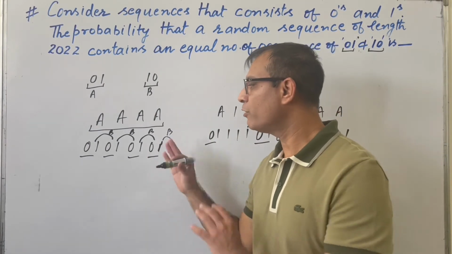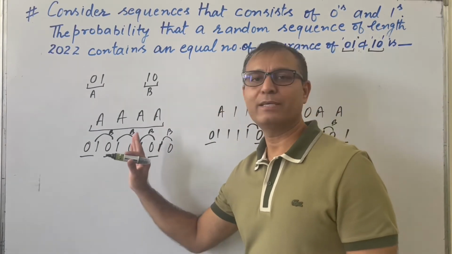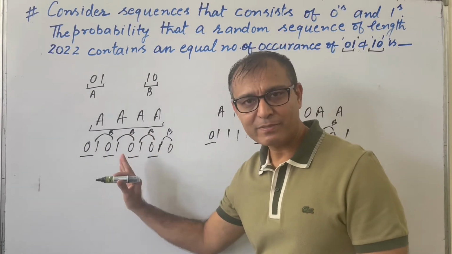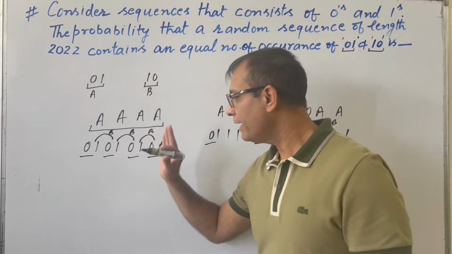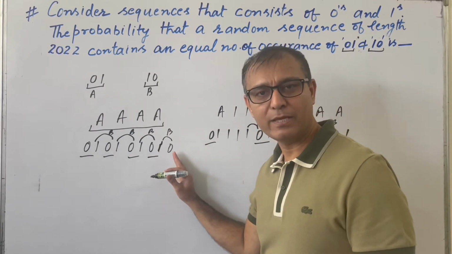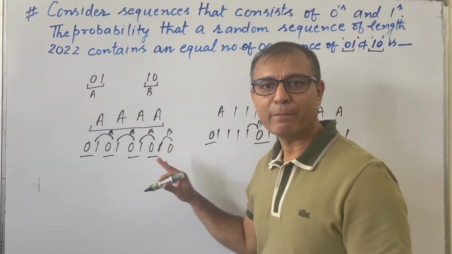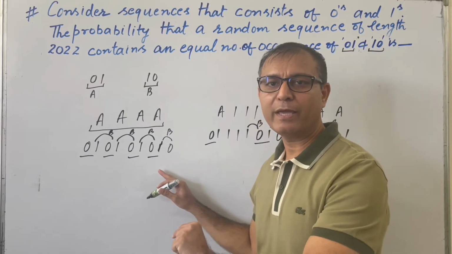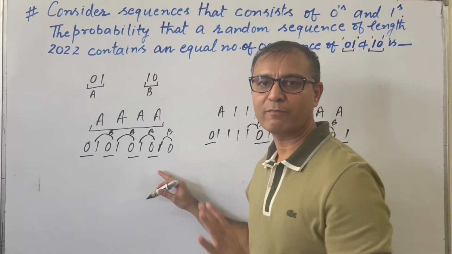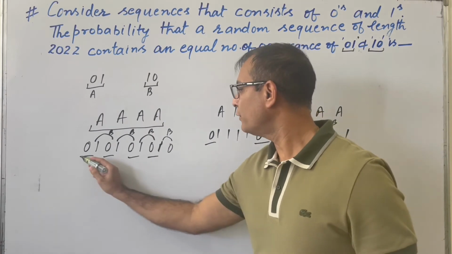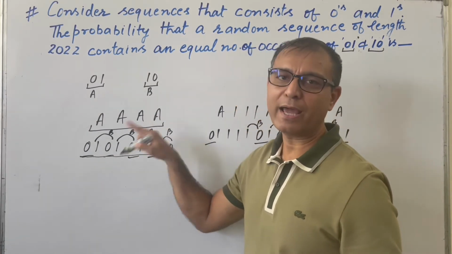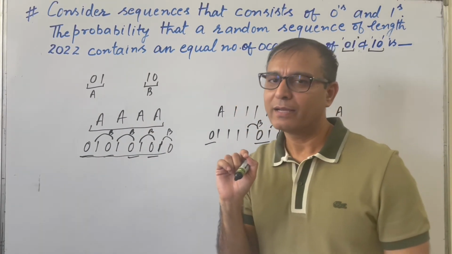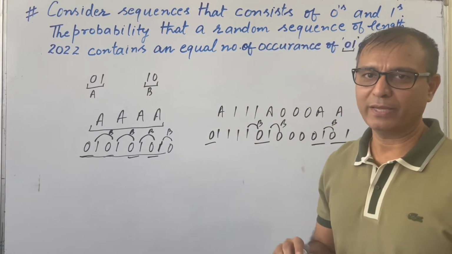And we observed already, if we start a sequence with 0, the first substring must be A. If we end a string with 0, the last substring must be B. And the difference between the number of A and the number of B cannot be more than 1. Alright? So by starting and ending with 0, we will get an equal number of A and an equal number of B.